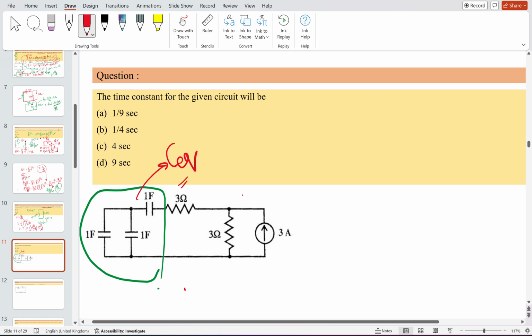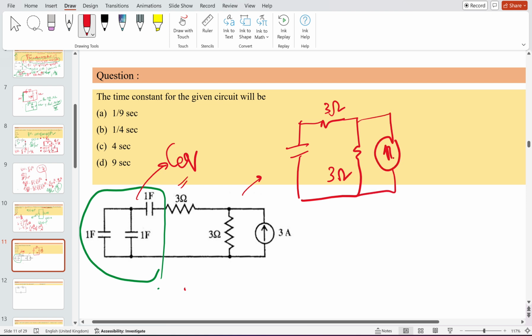After that you will get one single C and then the resistor, that is the 3 ohm, this is the 3 ohm, and this is the 3 ampere. Now you can apply those equations. In some problems it is already given that there is not only one source but multiple sources, but you can make an equivalent out of that. Try to solve this.